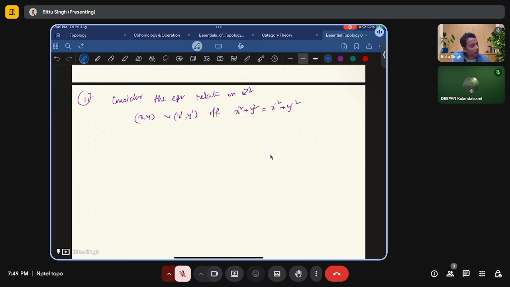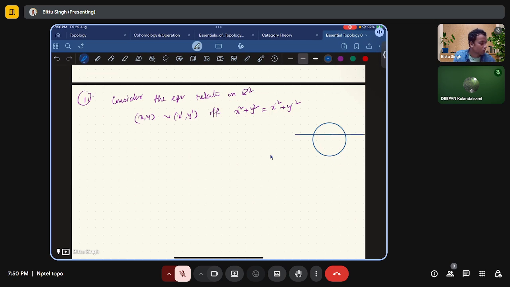So this is nothing but identifying this circle. The points belonging to the circle will give me the same radius, right? Same radius squared, so those two points will be identified. So pretend this circle as a singleton point. If the radii are the same, those two are identified.